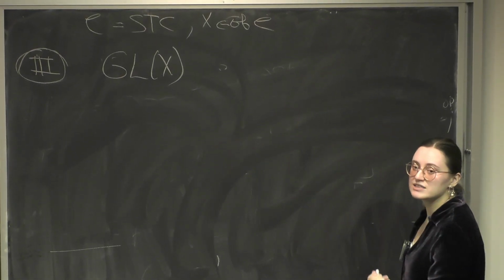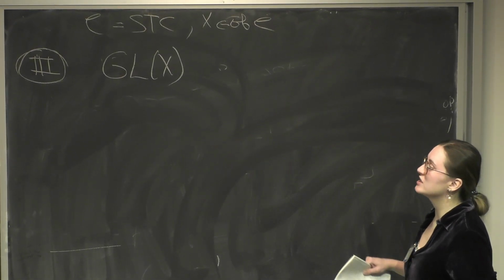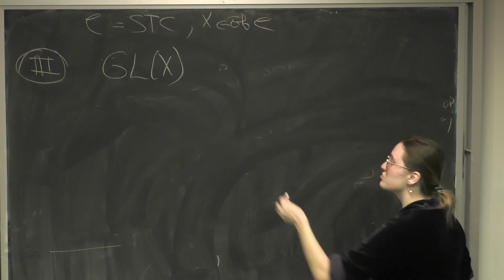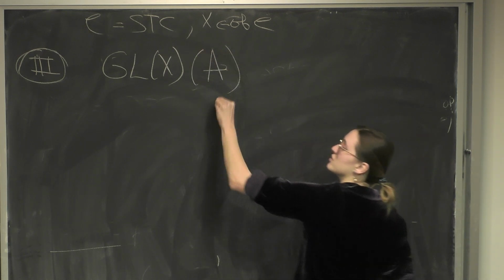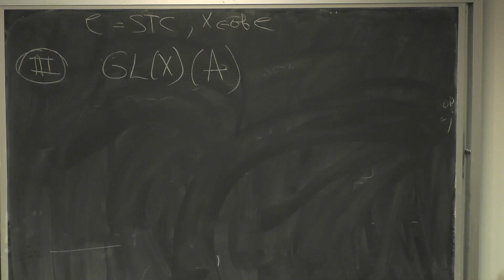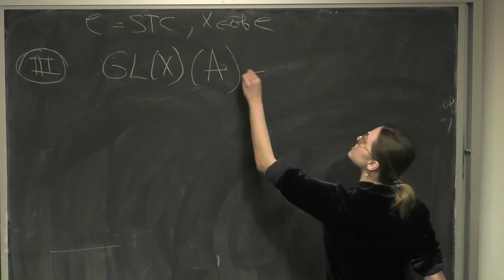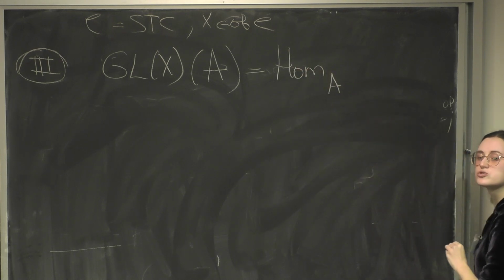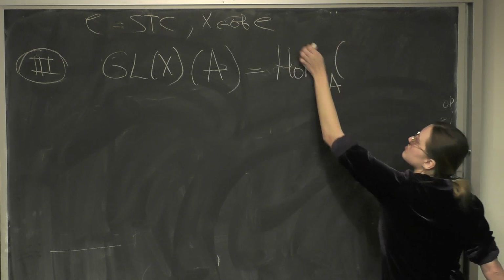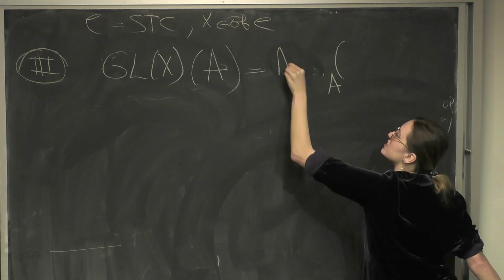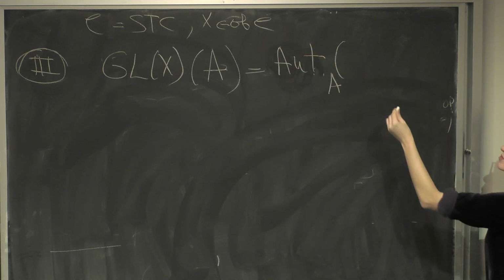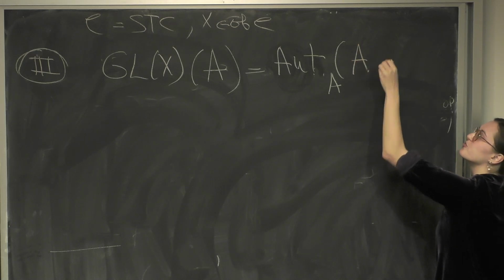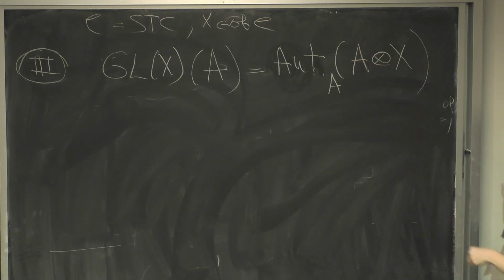And so GL of X, again, you can define the Hopf algebra of functions, but let me tell you what the functor of points is. The functor of points is actually automorphisms in the category of A modules of this free module A tensor X. Something that you would get for usual GL of X, right, for X a vector space.